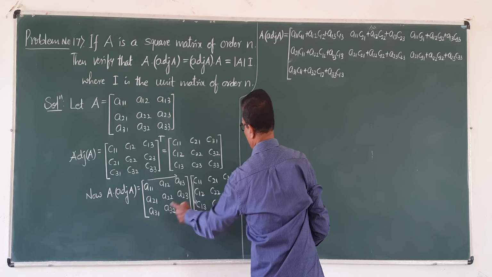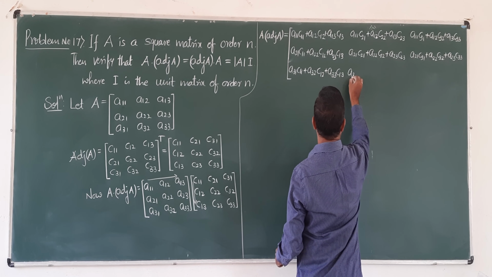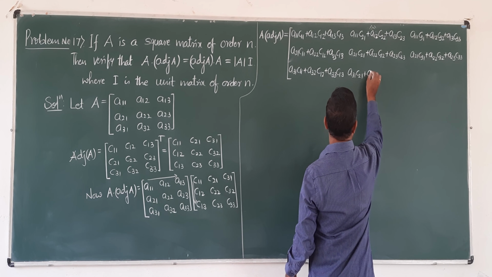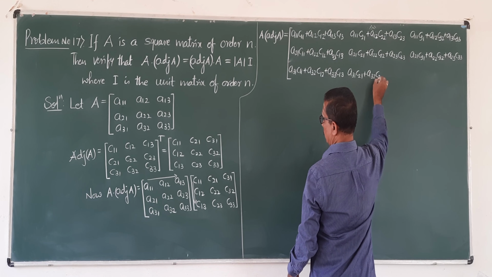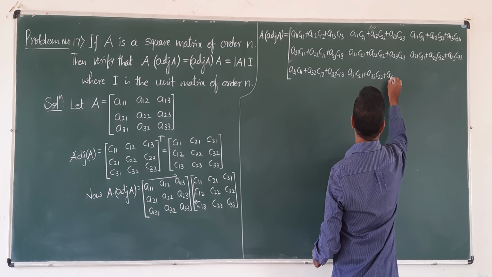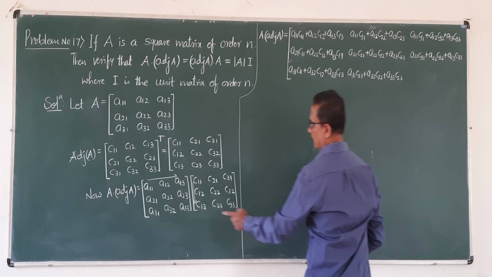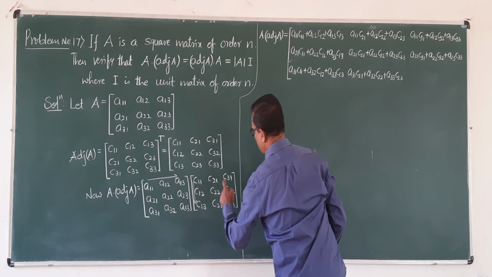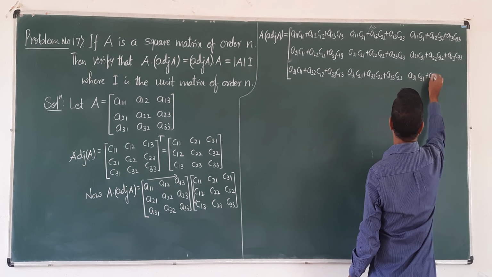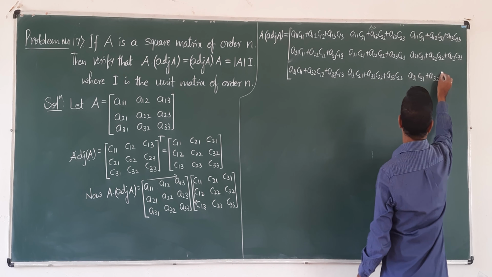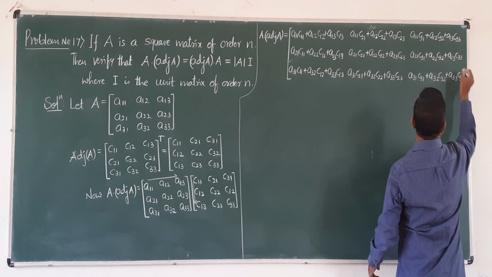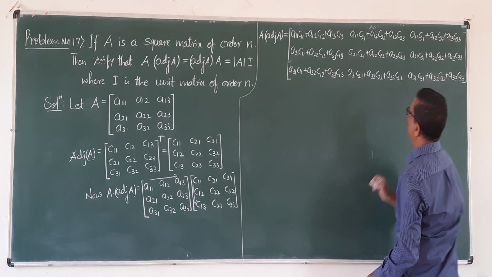Third row by second column: A31 C21 plus A32 C22 plus A33 C23. Third row by third column: A31 C31 plus A32 C32 plus A33 C33. This is A into adjoint of A.